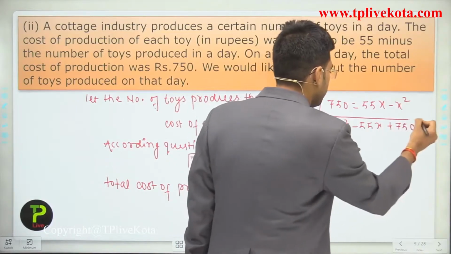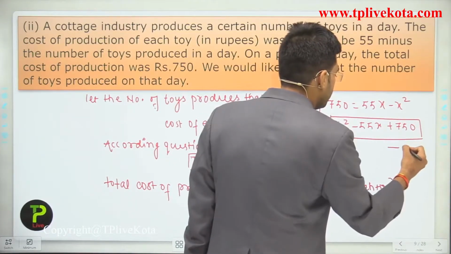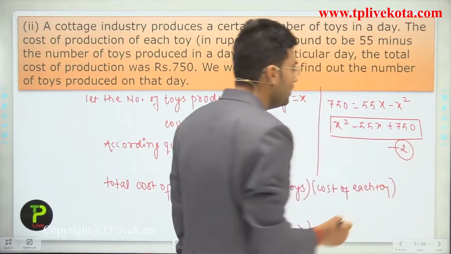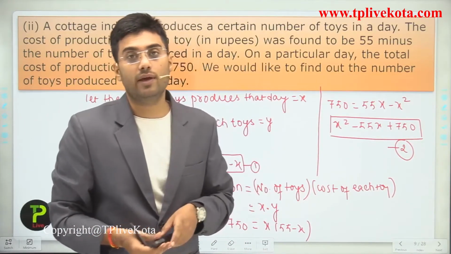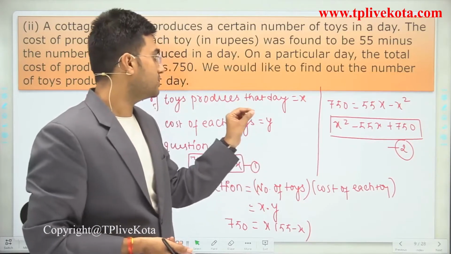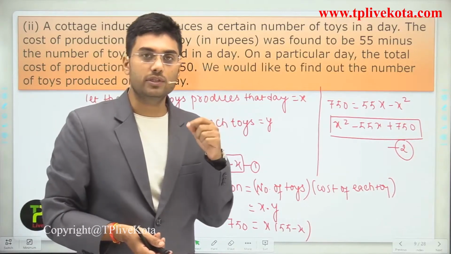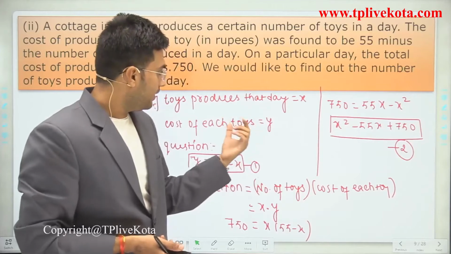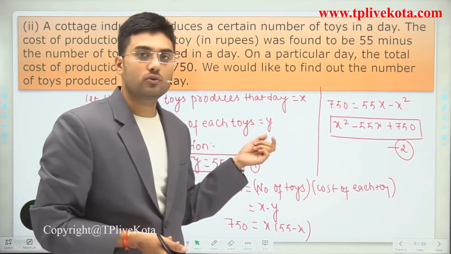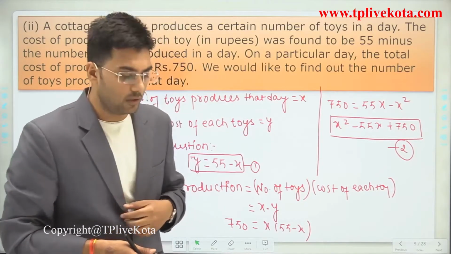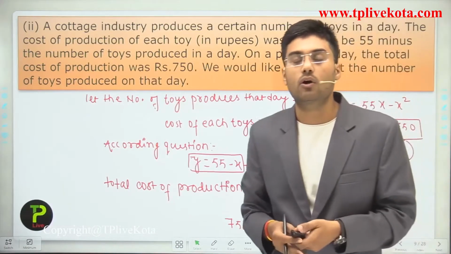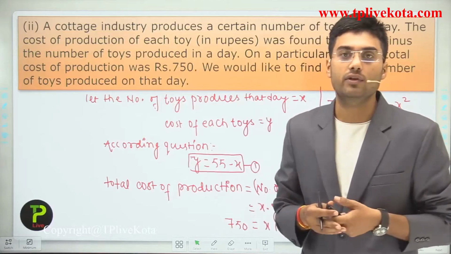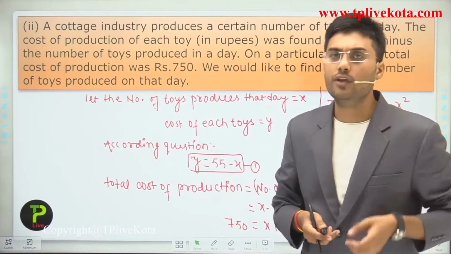So this is the mathematical representation of this equation. Now by solving this equation, we can find the value of x, and x is the number of toys produced in that day, and we can find the cost of the toys. Clear? So I hope you understand how to form a quadratic equation from the given information.